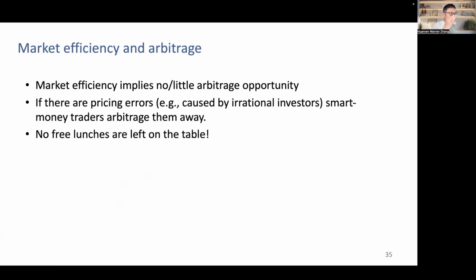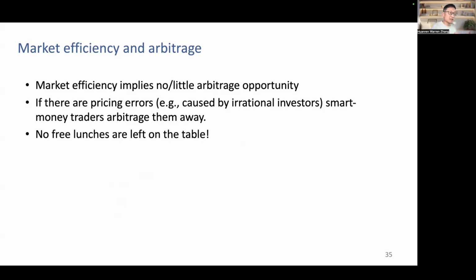However, if you think deeply about the relationship between market efficiency and arbitrage opportunity, if there are pricing errors, then smart traders would exploit and arbitrage those errors away so that they can gain from it, so that there is no free lunch left on the table, right?